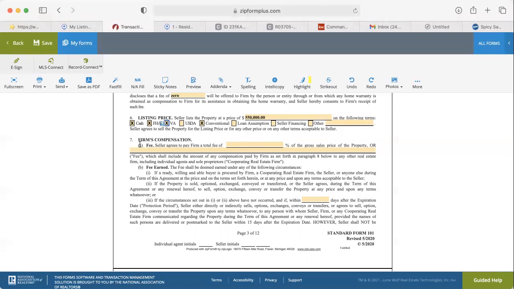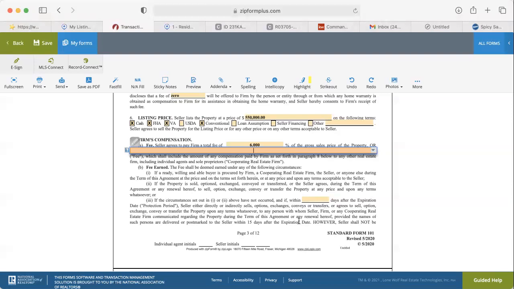All right. Number 7, firm's compensation. So this is where you'd put in the commission rate. So let's say we're going to say 6%. There's also this long line that allows you to enter something other. So I see a lot of different things here.